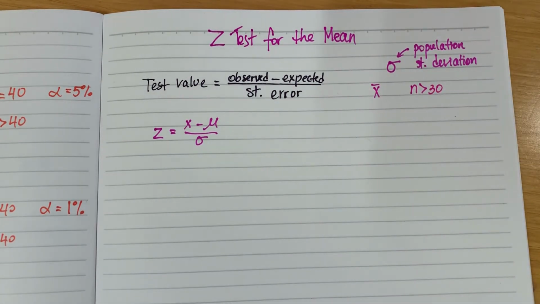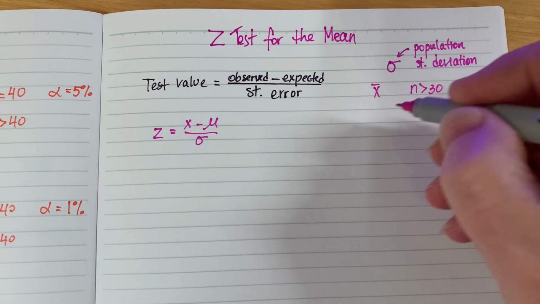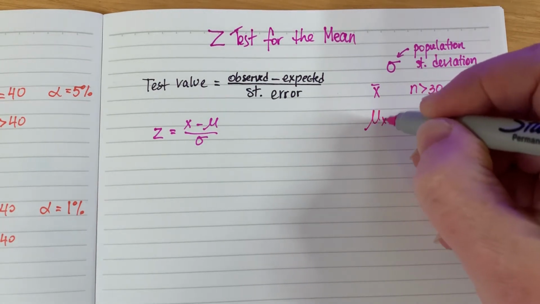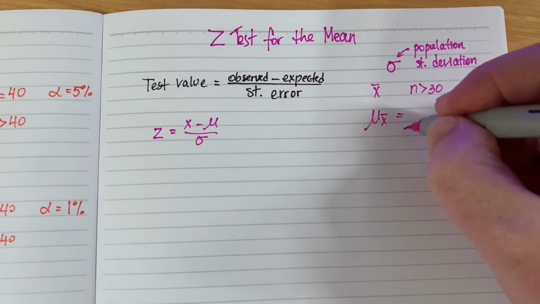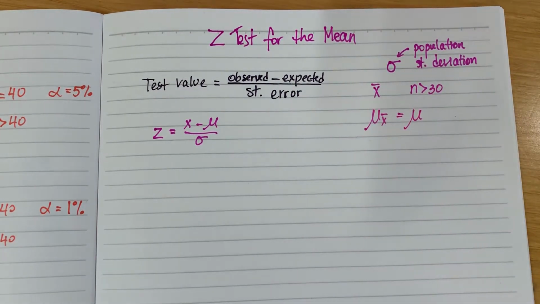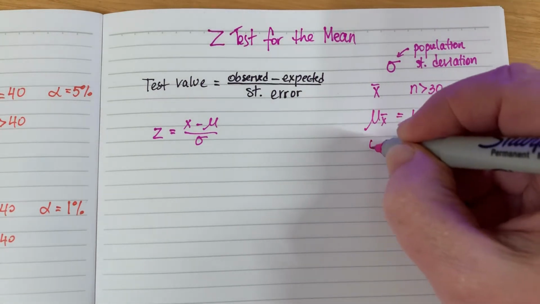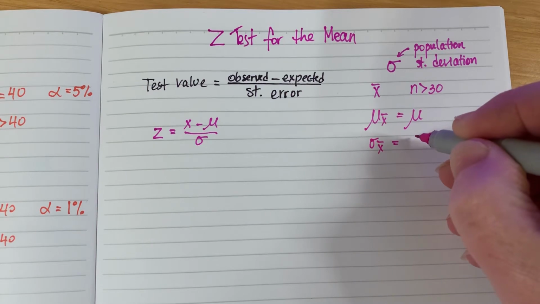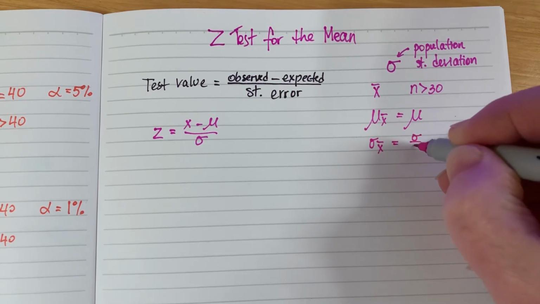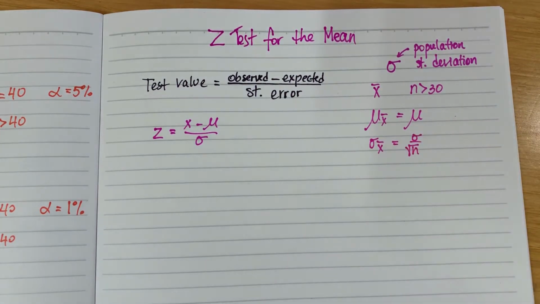Once I know that, the mean of the sampling distribution for sample means is going to be the mean of the population. And the standard error of x bar is going to be the standard deviation of the population divided by the square root of n.